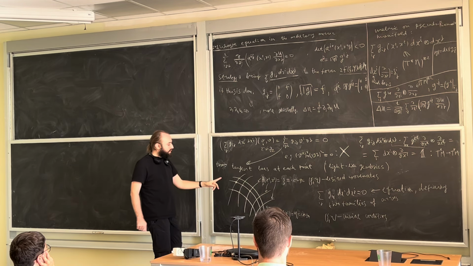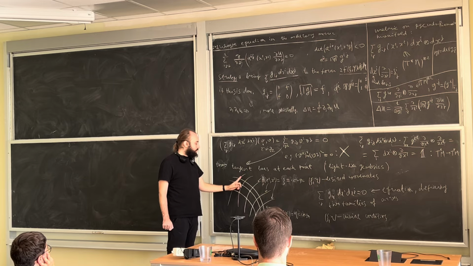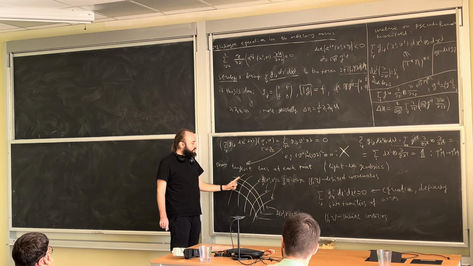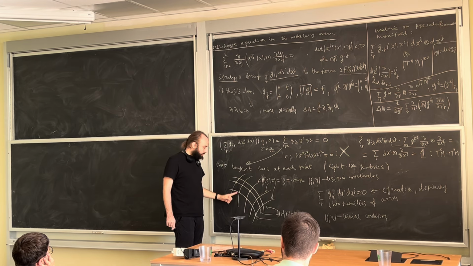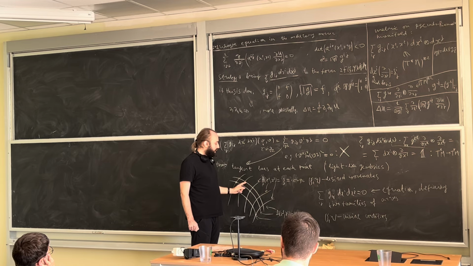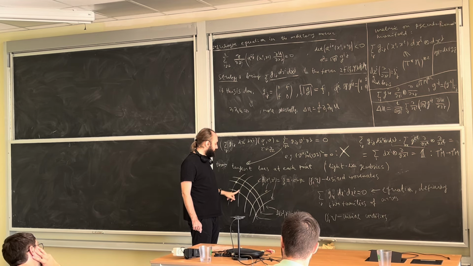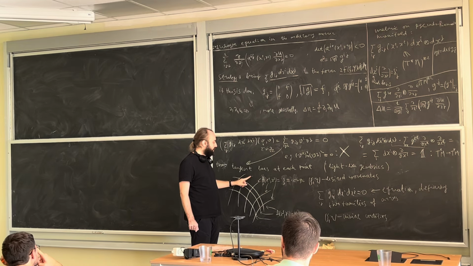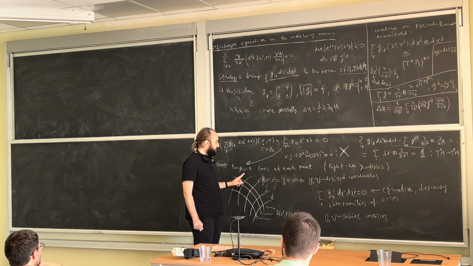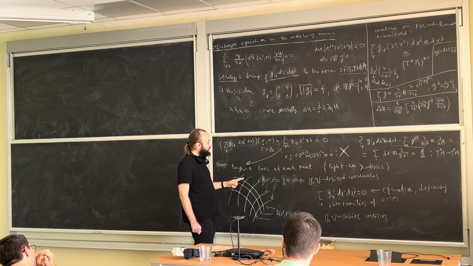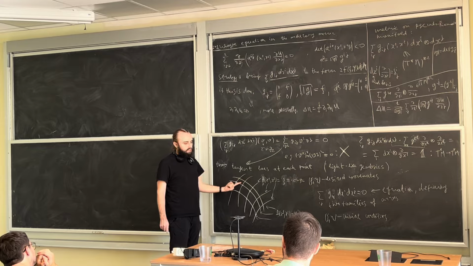So if you do something like this, then we are sure that a change in eta with a fixed xi describes a light-like geodesic.